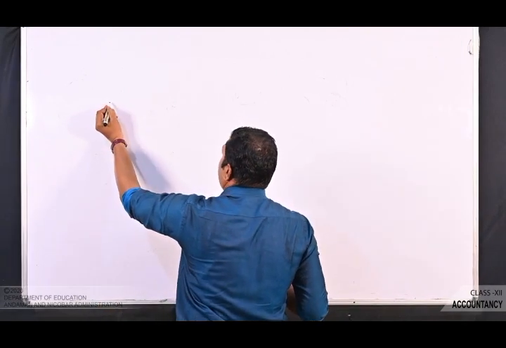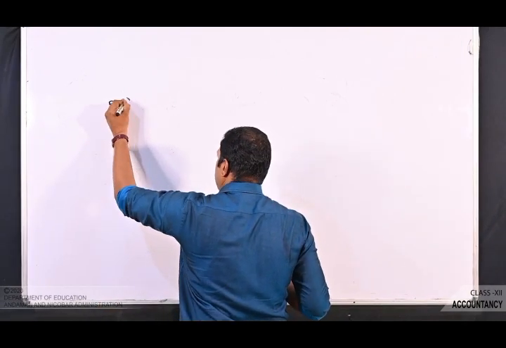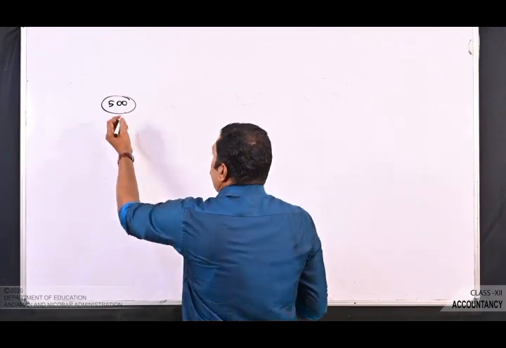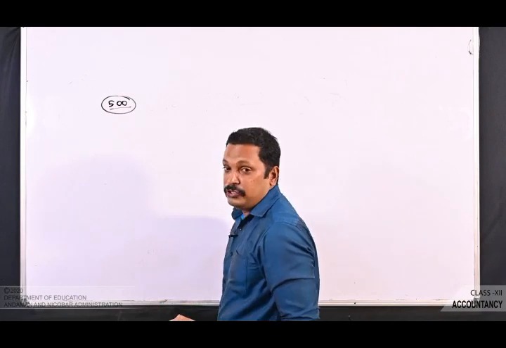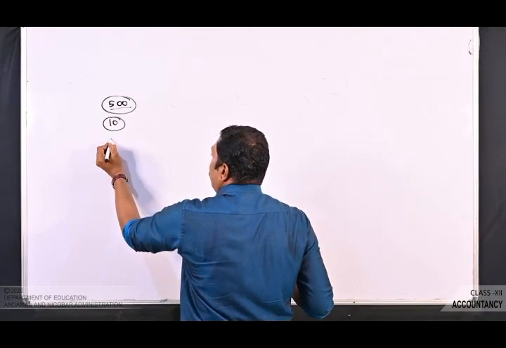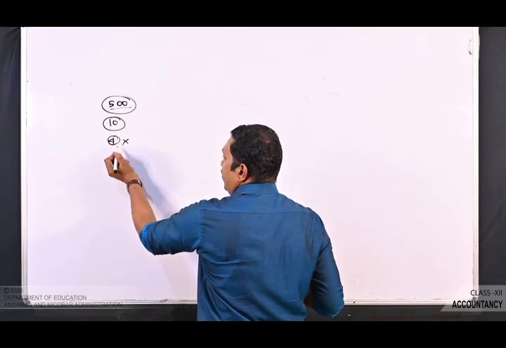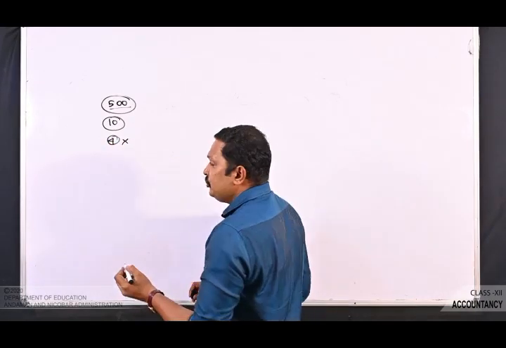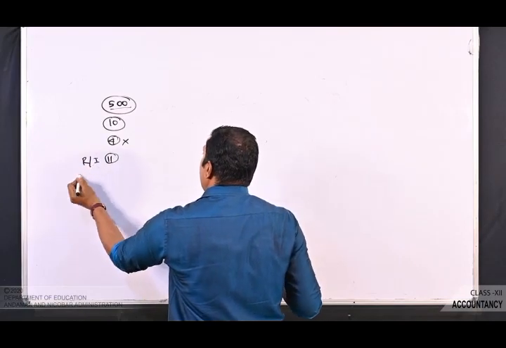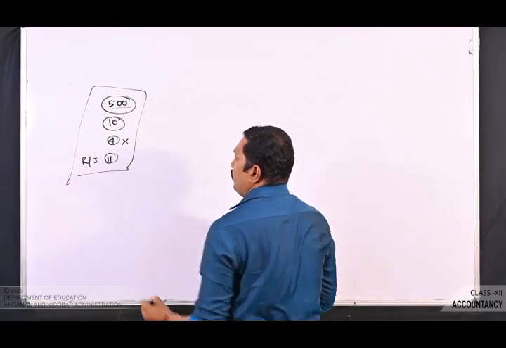Instead of 300, we take 500 shares. So 500 shares were forfeited, and the face value of the share is 10 each. The final call of 4 rupees is unpaid, and the shares were reissued to SEMA at rupees 11. So this is the content of the problem.